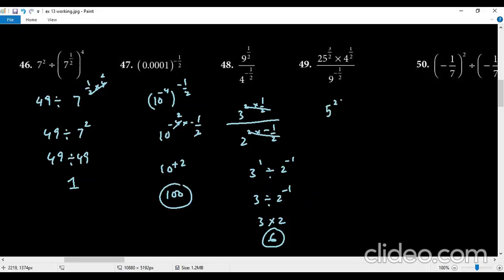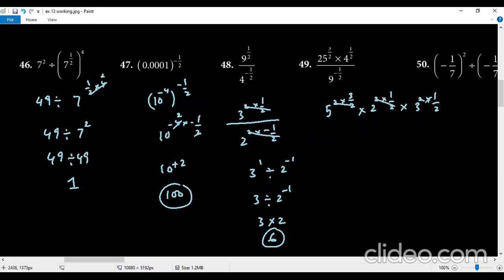This is 25, and I will write 5 square multiplied by 3 over 2 and times 2 square times 1 over 2. I'll bring this negative 1 over 2 on top and make it negative 3 square times 1 over 2.